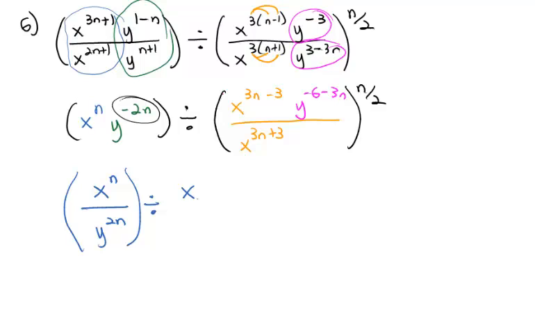Negative 3 plus 3, I'm sorry, we're subtracting because of the division. Negative 3 minus 3 is negative 6. And then we still have the y to the negative 6 minus 3n. All of that still to the n over 2 power.